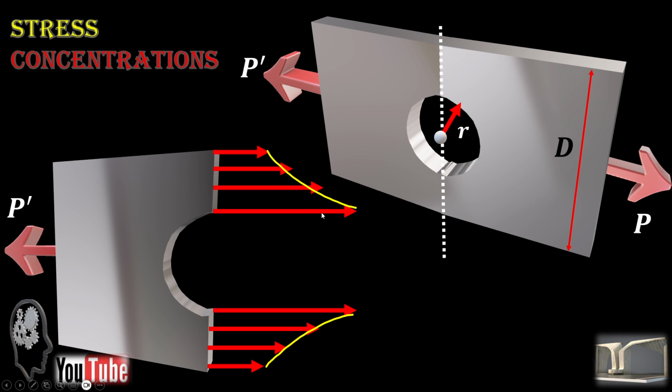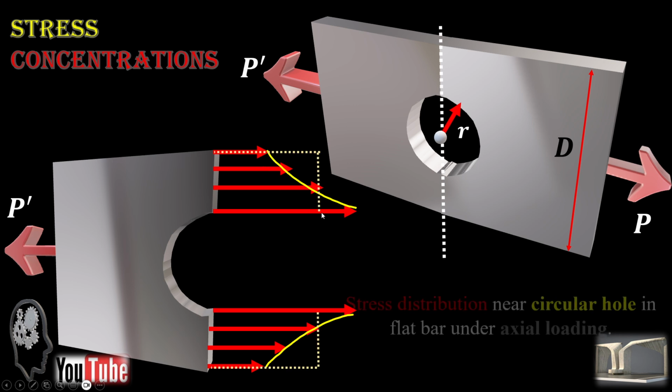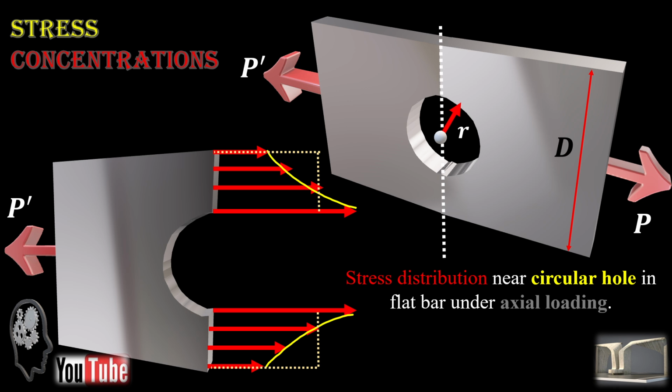That's the pattern you can see. Again, this is a stress distribution near a circular hole in a flat bar under axial loading. So this is sigma max, sigma min, sigma max, sigma min, sigma max, and sigma average. The same pattern applies for the bottom part.